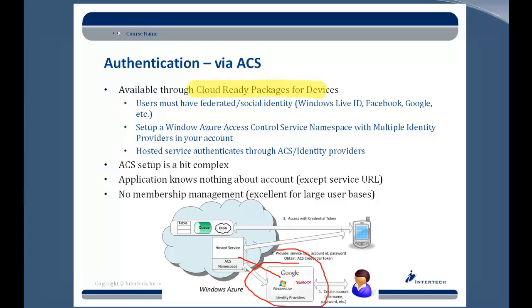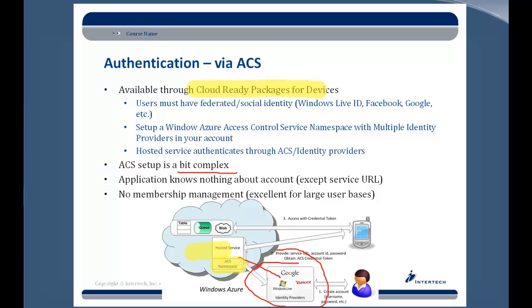You simply put the cloud-ready packages into the Azure cloud, but then you also have to set up this ACS namespace, essentially point Windows Azure to all of those namespaces and account mechanisms that are out there to provide for identities and grant those folks who are part of those identities access to your application.